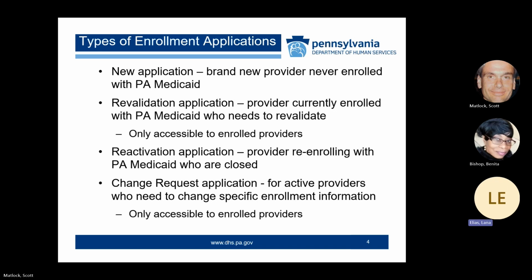We also have a reactivation application. So providers who are re-enrolling with PA Medicaid whose previous enrollment had been closed or terminated. There is also a change request application. That's for active providers who need to change specific enrollment information. And again, that is only accessible to enrolled providers.